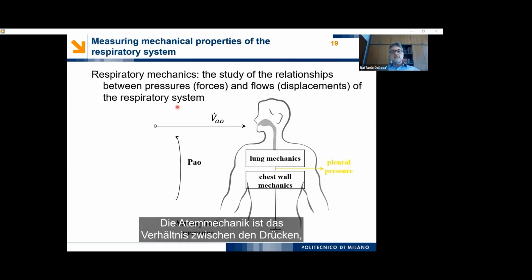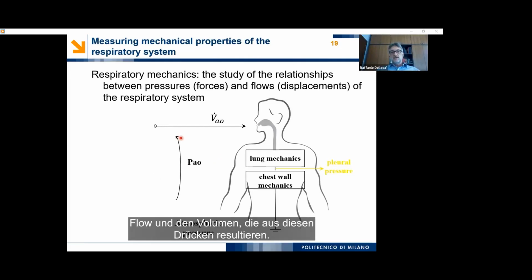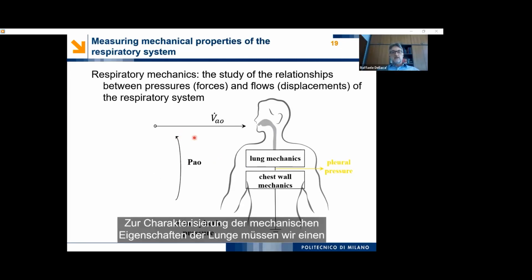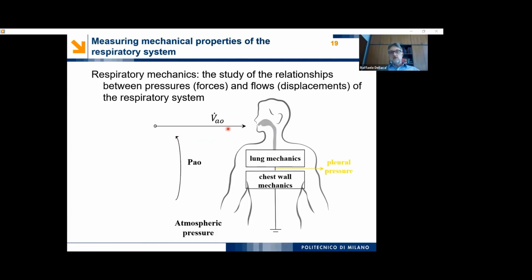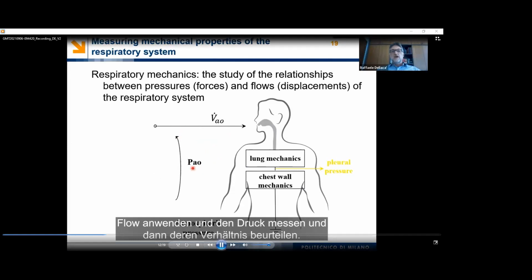Respiratory mechanics is actually the relationship between the pressures that are applied to the respiratory system and the flow and volumes that result from this pressure. So to characterize the mechanical properties of the lung, we need to apply flow and measure the pressure and see how they are related.